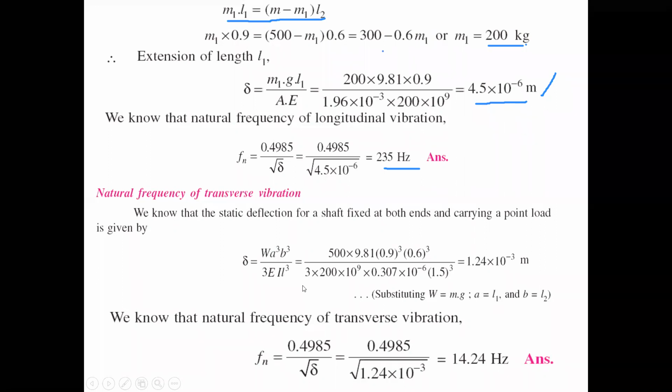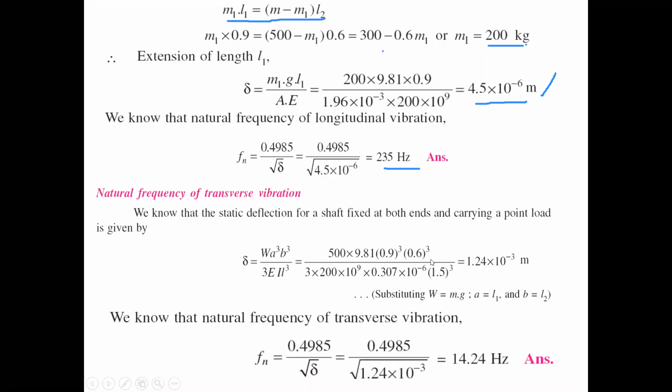Substituting the values: W is 500 into 9.81, that is mg, A is 0.9, B is 0.6, E, Young's modulus, is 200 into 10 power 9, I is 0.307 into 10 power minus 6, and L, the total length of the shaft, is 1.5.